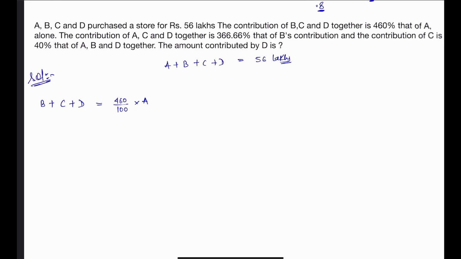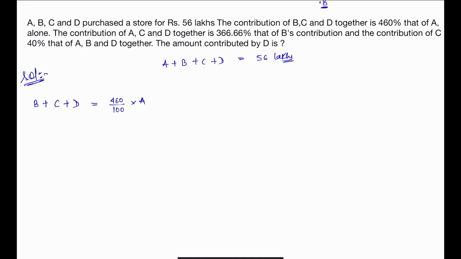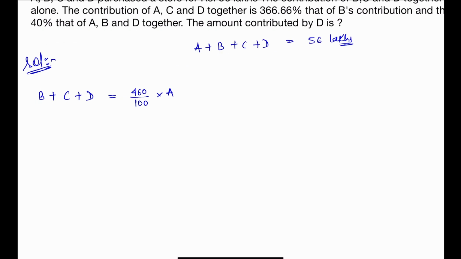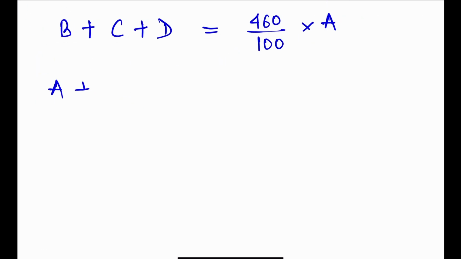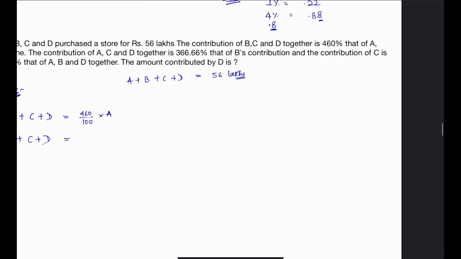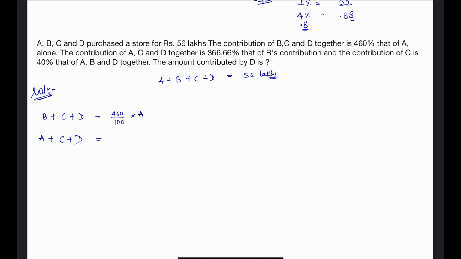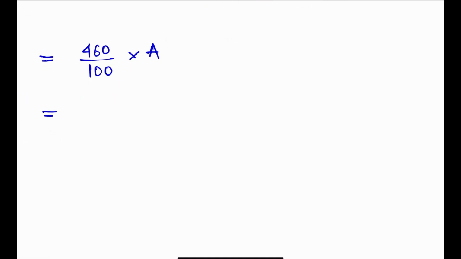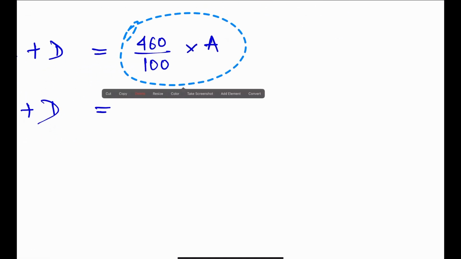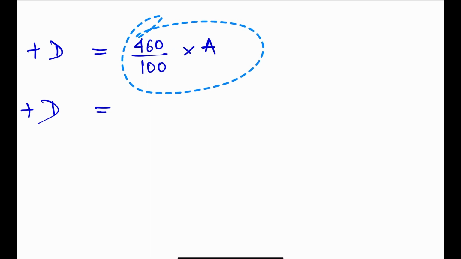Next line is the contribution of A plus C plus D together is 366.66% of B's contribution. Let's make it a little bit larger, resize it.